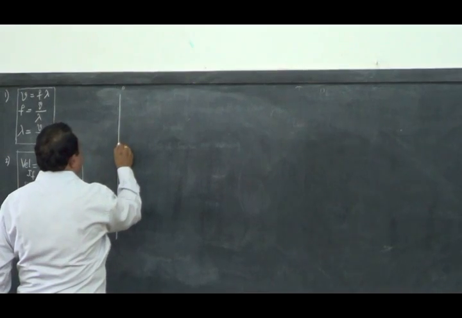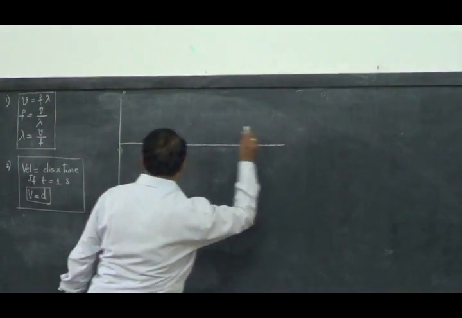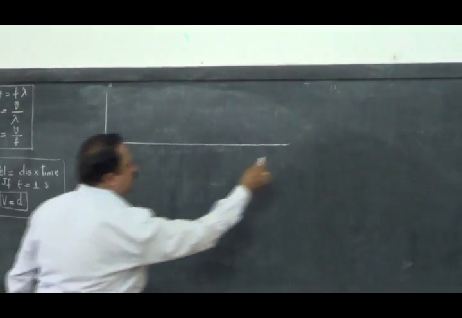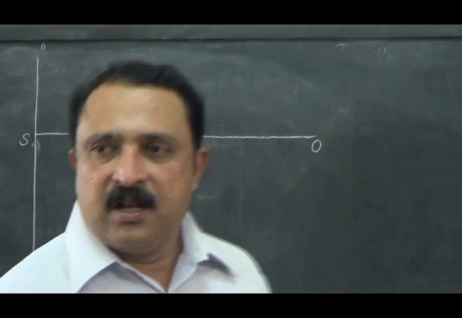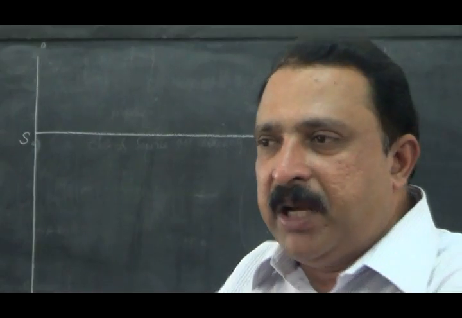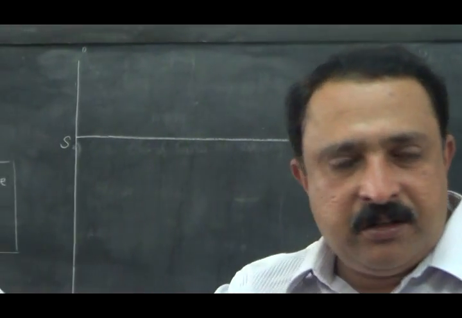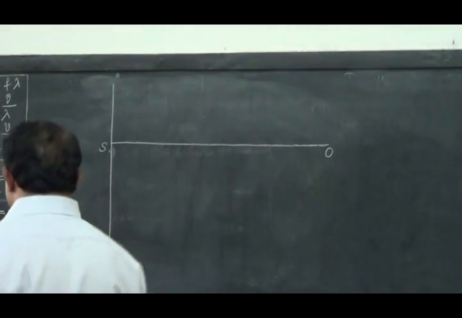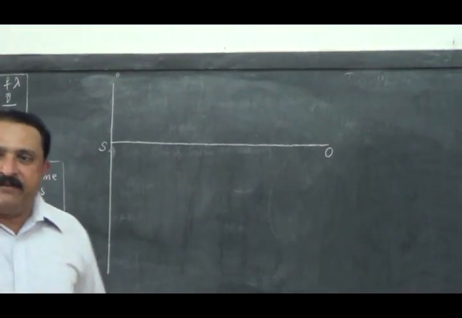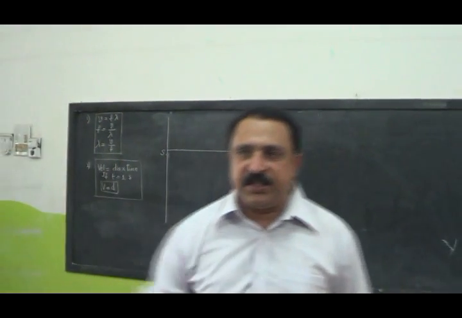I'll consider a source and an observer. Let S be the source and O be the observer. That source can be anything, maybe an engine or a fire engine or a car, whatever it is, which is emanating frequency. That means which is sending out frequency.